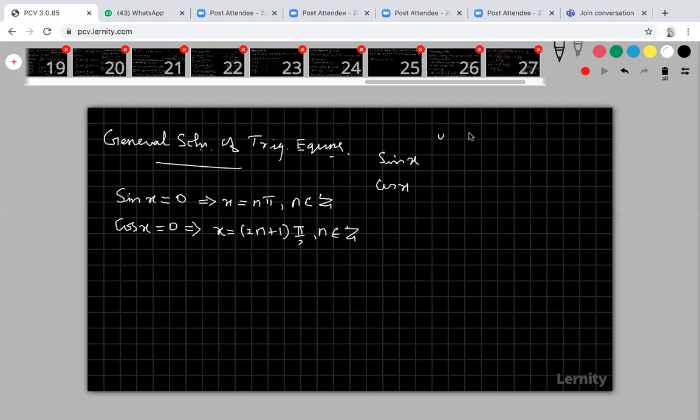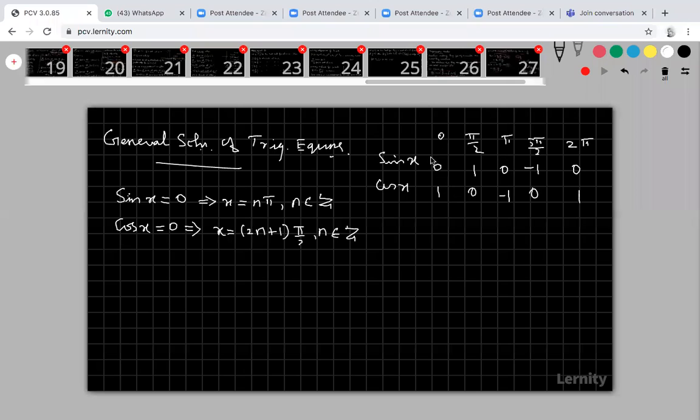This is 0, pi by 2, pi, 3 pi by 2, and 2 pi. Sin 0 is 0, sin pi by 2 is 1, then 0, then minus 1, then 0. Similarly for cos, this is 1, 0, minus 1, 0, 1.